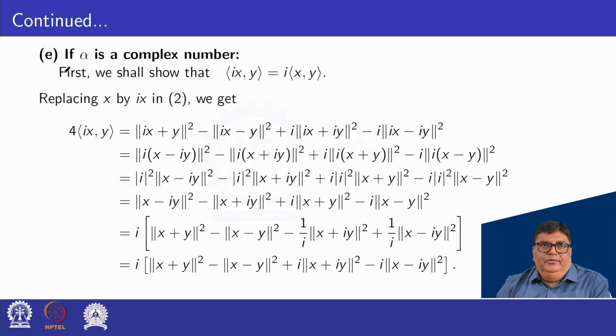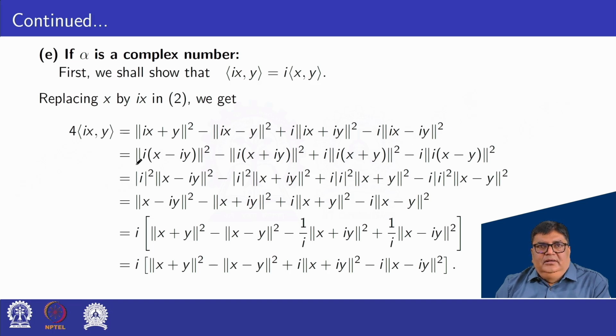Now we prove it for alpha a complex number. First we shall show that the inner product of ix, y equals i into the inner product of x, y. So replacing x by ix in equation 2, we get 4 into the inner product of ix, y equal to this.